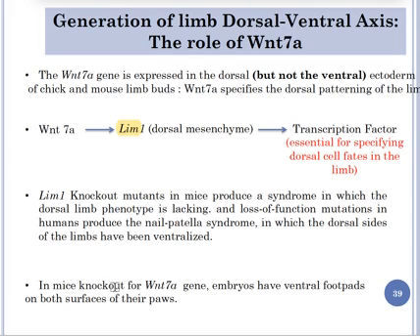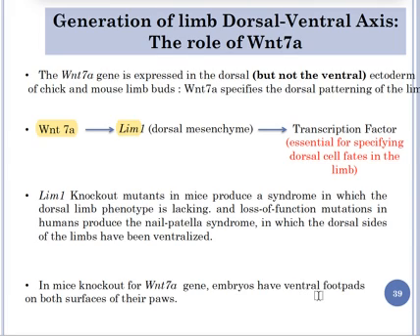In addition, in mice knockout for Wnt7a, the gene upstream, they obtained mouse embryos having ventral foot pads on both surfaces of their paws. It means they cannot develop any dorsal side.